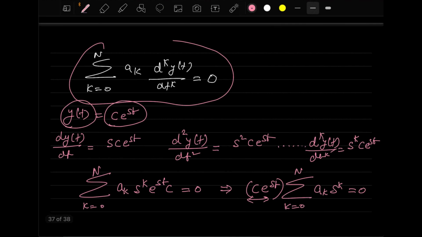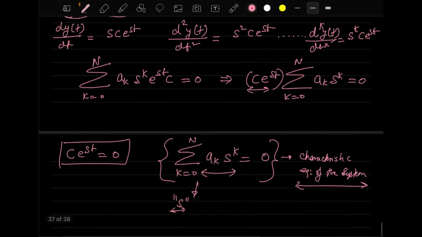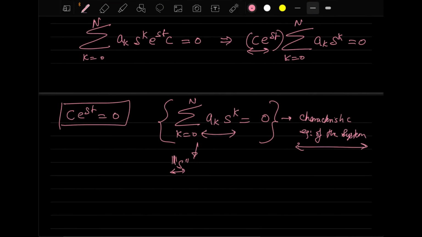So in the next class, we will discuss how you formulate this solution. That is, once you get these s values from here, how can you deal with them and form the solution yt using these s values. Whatever results you get from here, you will substitute in yt, and you will get the answers.